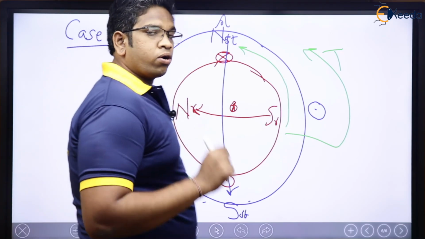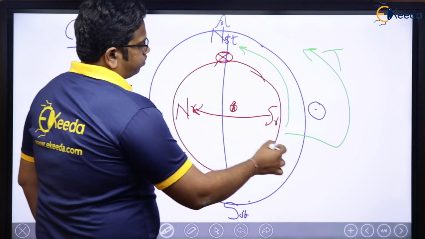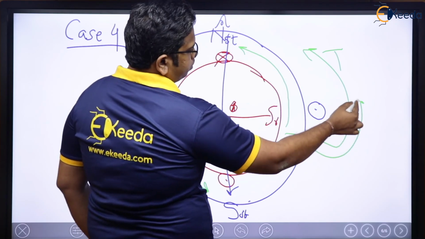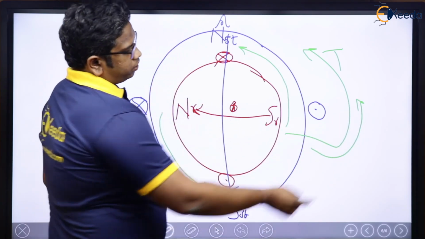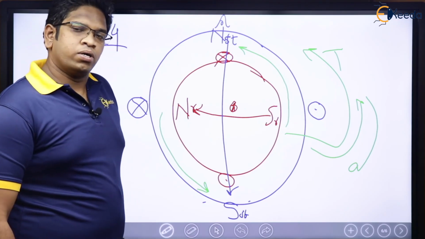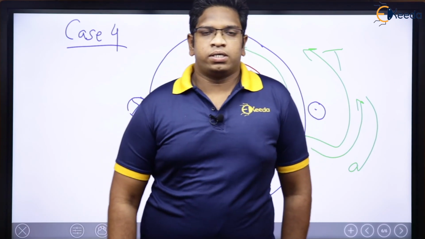I am not talking about the direction of rotation. Why? Because we know that if the direction of rotation is in the same direction, it is going to be a motor. If it is in the opposite direction, it will be called a generator. Already we know that, right?